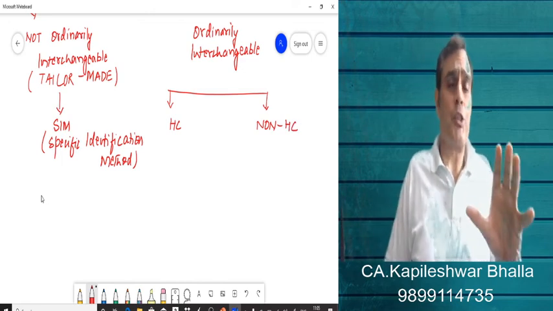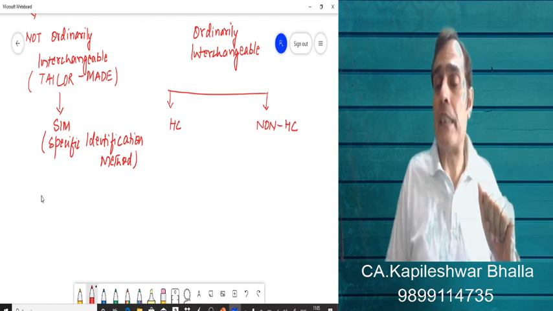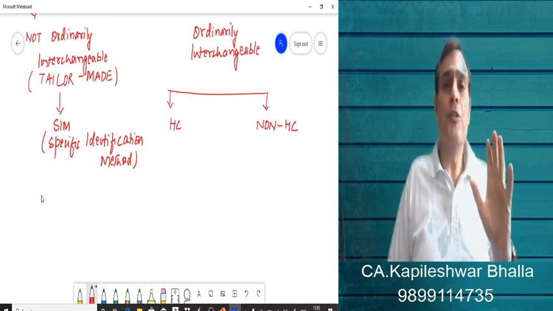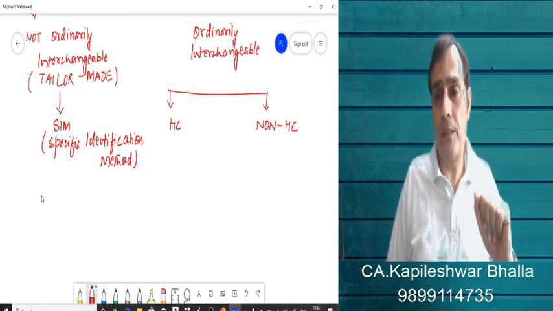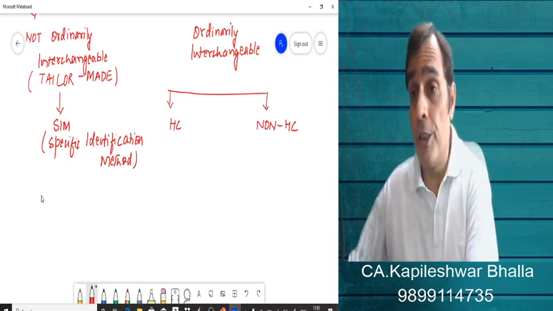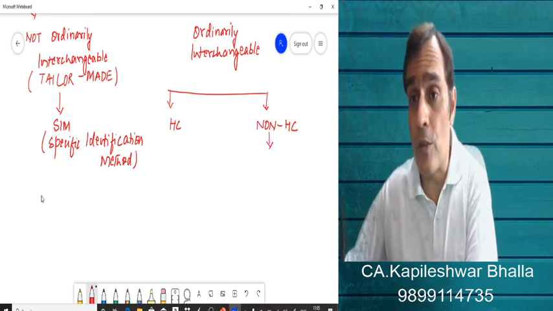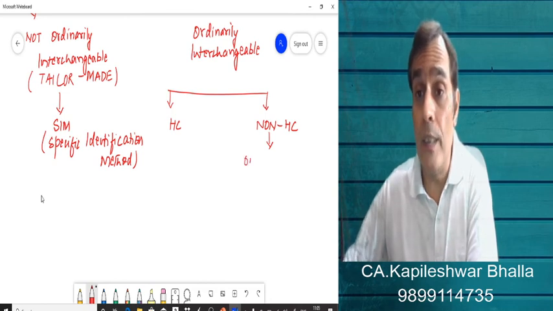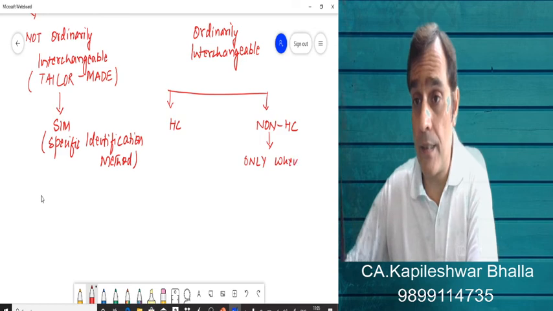When you say historical cost, it means the cost incurred. And when you say a non-historical cost method, it means the cost which would have been incurred. But you need to apply a non-historical cost method only when convenient.